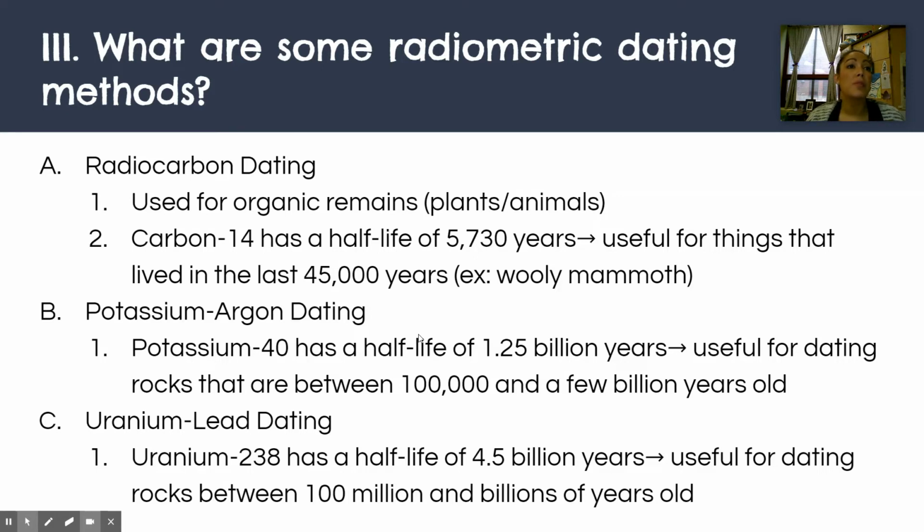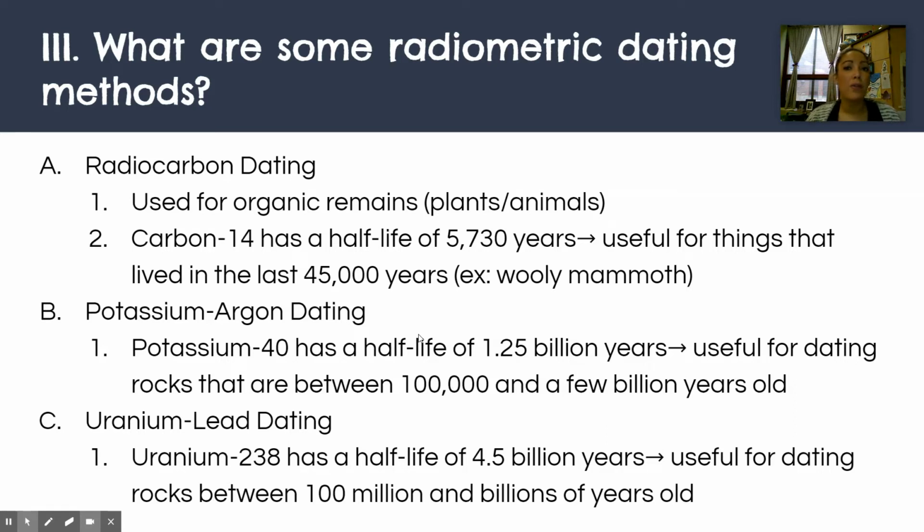So carbon-14 has a half-life of 5,730 years. So this is going to be a really useful dating method for fossils that we find that lived within the last 45,000-ish years, like the more recent mammals up to now.